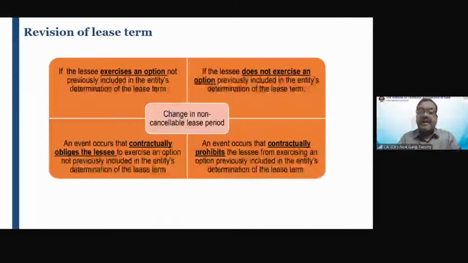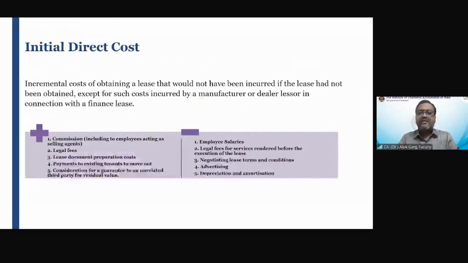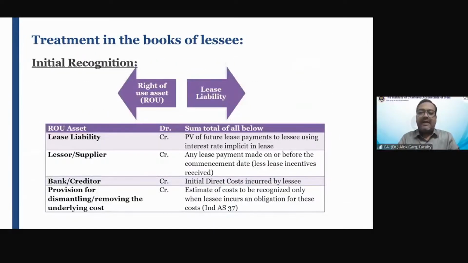Friends, after understanding identified asset, transfer of right to control the use of an asset, right? Lease term, lease payments, then we have reached to the ROU calculation. And we have understood that right of use asset needs to be capitalized when a lessee obtains an underlying asset on the lease basis. A right of use asset is going to be capitalized.